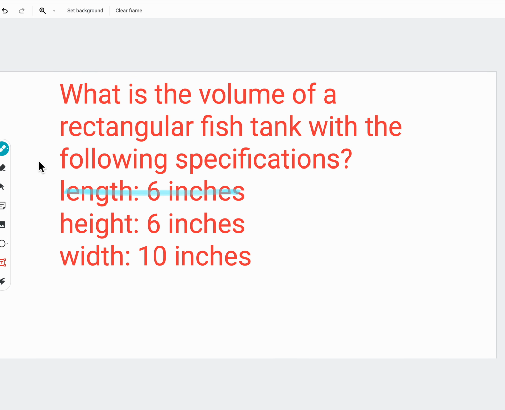A length of 6 inches, a height of 6 inches, and a width of 10 inches.